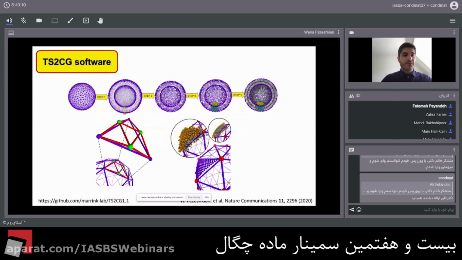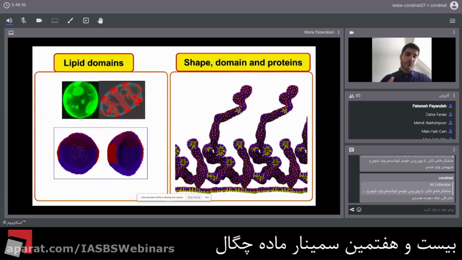Okay, so just to remind you, what I mean by TS2CG is this scheme to back-map, and now we are working on making it better and able to include more experimental data, like here from electron microscopy.